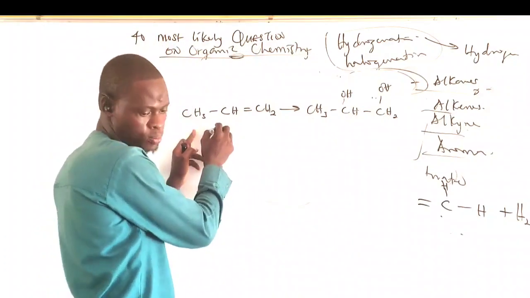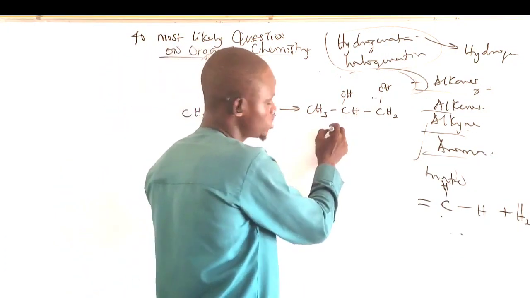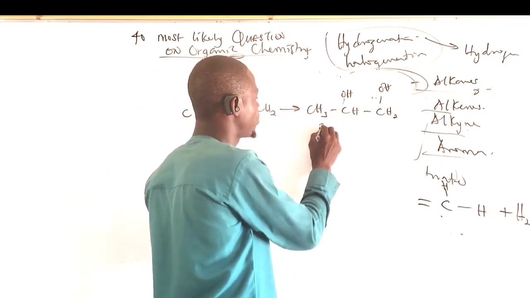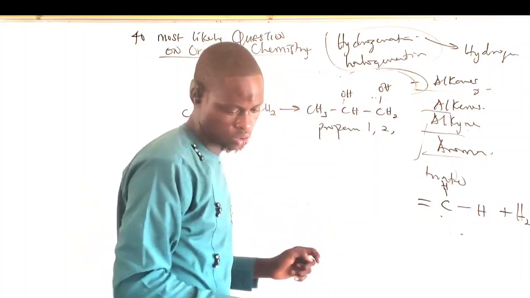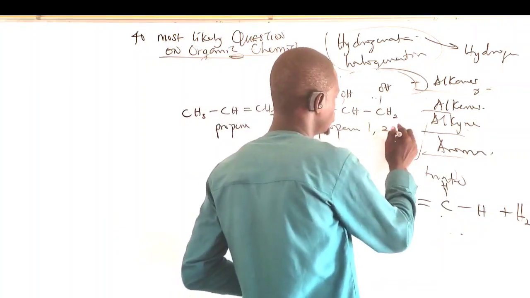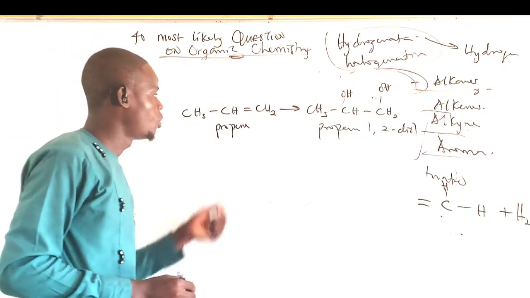This is propane. Why this one is ethane 1,2-diol? Sorry, propan 1,2-diol. Propan 1,2-diol.